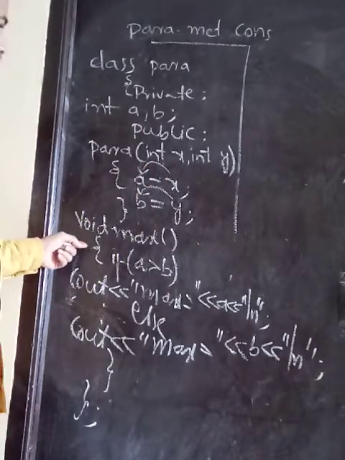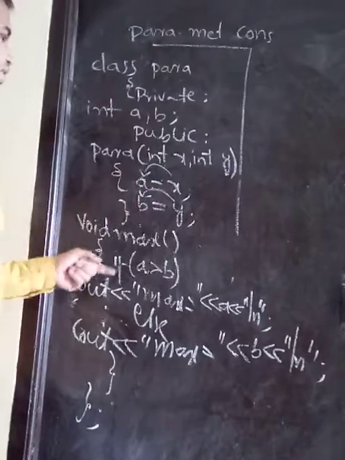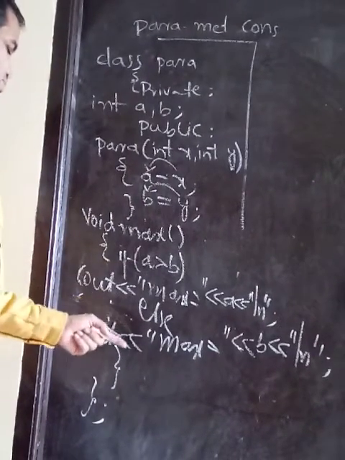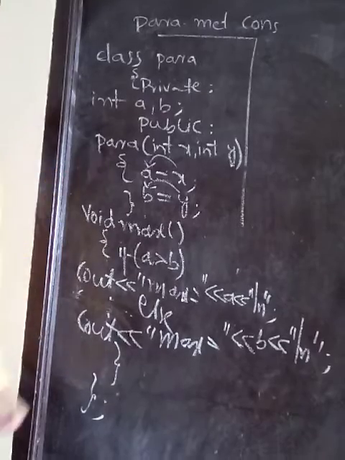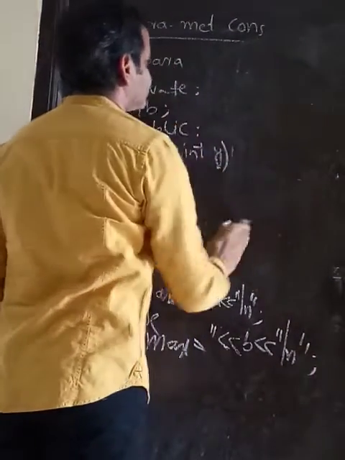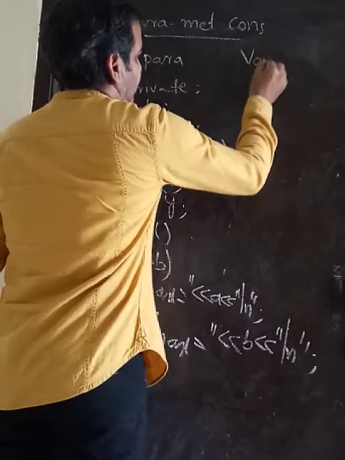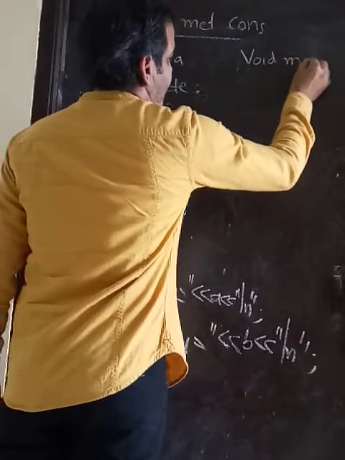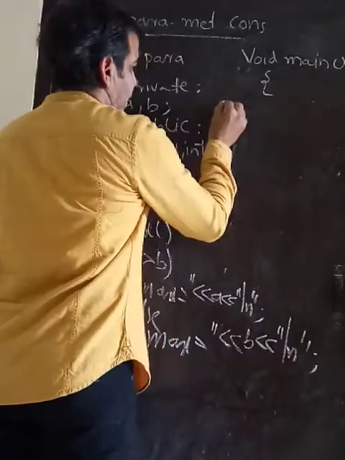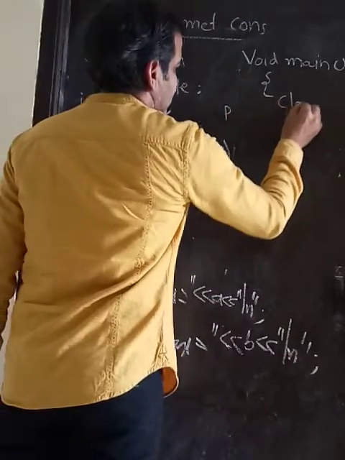Then void maximum, where we are finding the maximum of these a comma b values. If a is greater than b, maximum is equal to a, else maximum is equal to b. Then we are closing the class template. Now I am creating objects in void main. First I am taking clrscr.